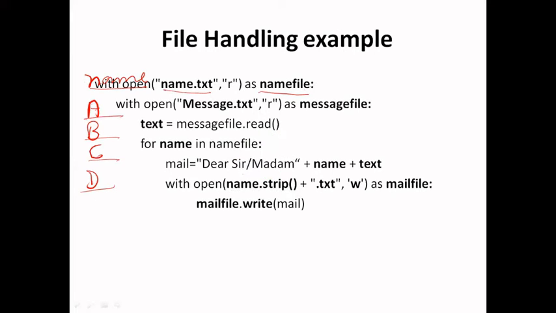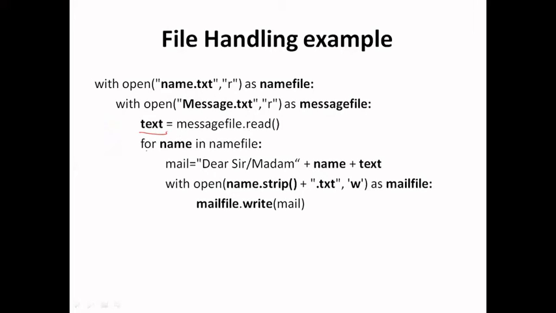Inside this indented block, we have opened another file, message.txt, in read mode, and we want to read the content of this file. The file object here is message file. To read the complete content, we know we have two options, the read method and the readlines method. Here we have used the read method, so it will read all the content of the file message.txt.